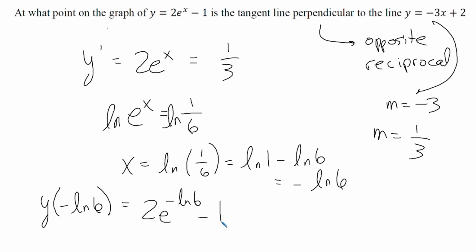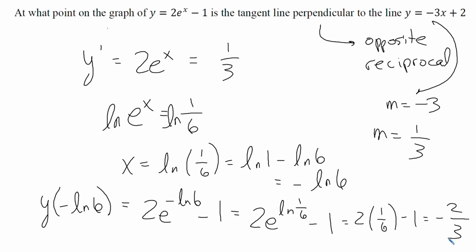Well, we already know that e to the negative ln 6 is just e to the ln of 1/6, and e to the ln of 1/6 is just 1/6, so this is 2 times 1/6 minus 1. That's 1/3 minus 1, which is negative 2/3. So the point that we're talking about here is the point negative ln 6, negative 2/3.